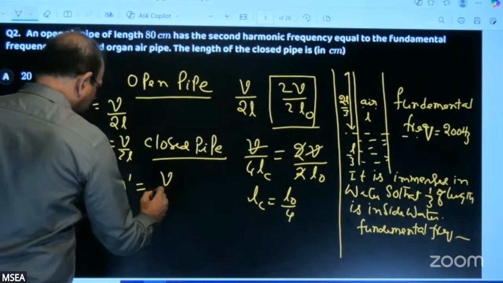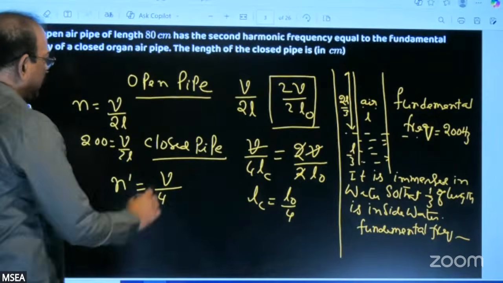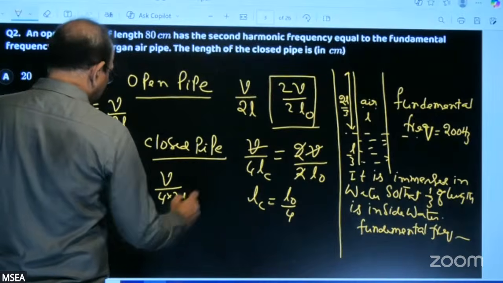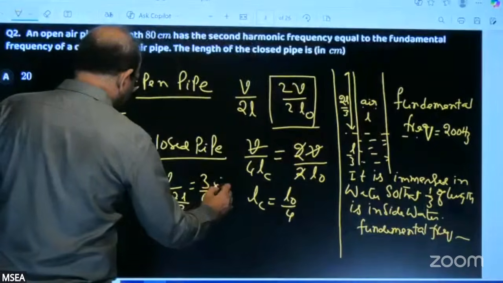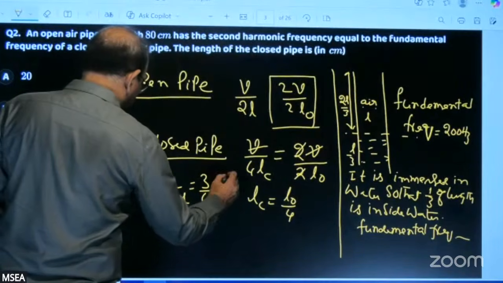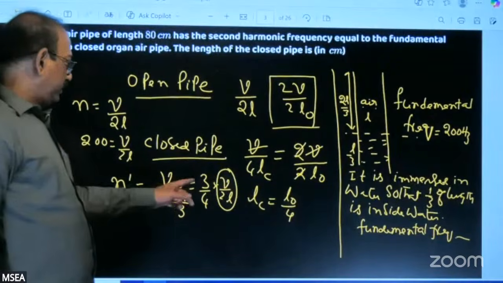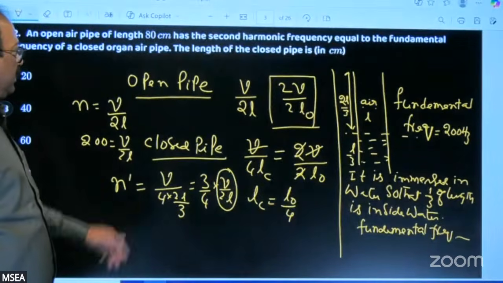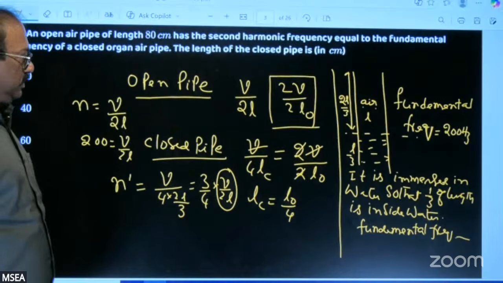Closed pipe fundamental frequency is V by 4L. In place of L, I have to take 2L by 3. Then you will get 3 by 4 times V by 2L. This V by 2L is given as 200. 3 by 4 into 200, 150 hertz you will get. Like this also, questions can be given on this.